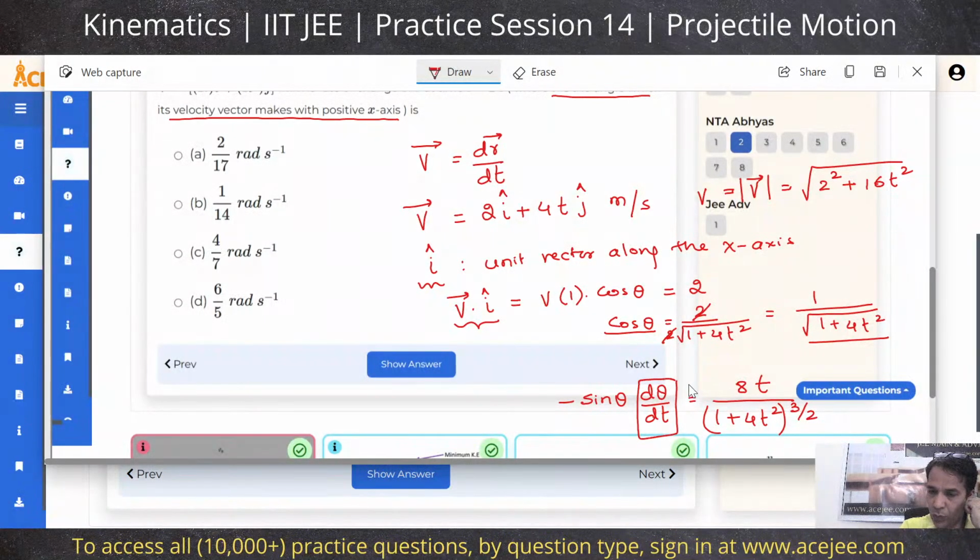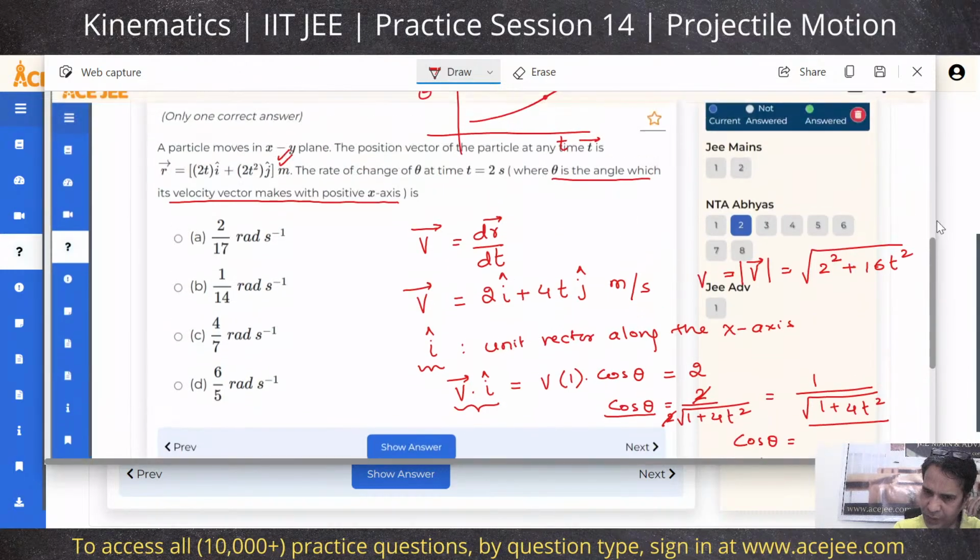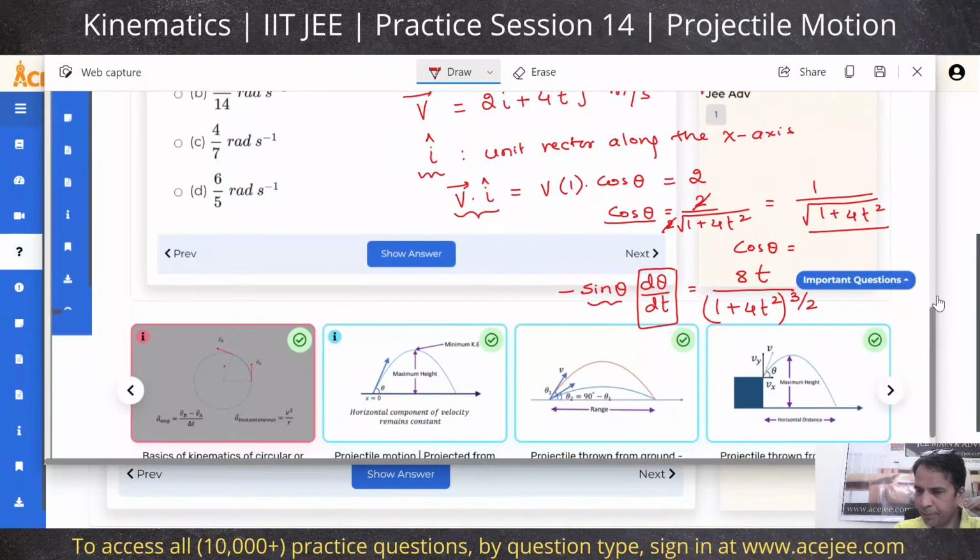So let's find out what sine theta is. Now that we have the expression for d theta by dt, we'll put in t equals 2 seconds everywhere. For cos theta, if you put in t equals 2 seconds, is it 2 seconds or is it 1 second? 2 seconds. So this will be 1 by square root 17.